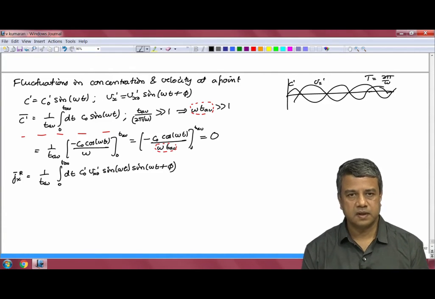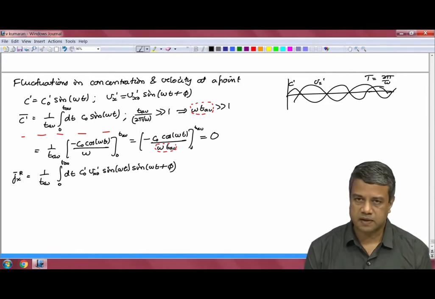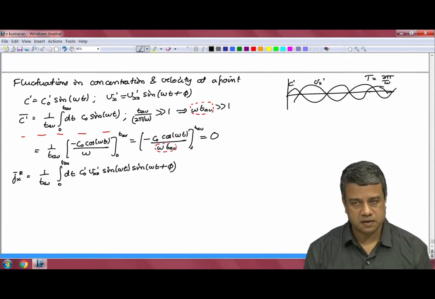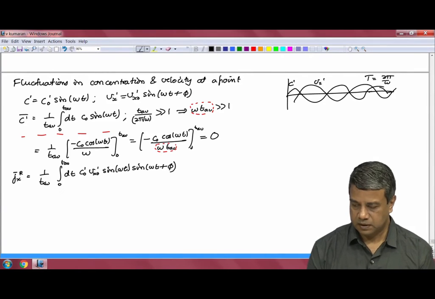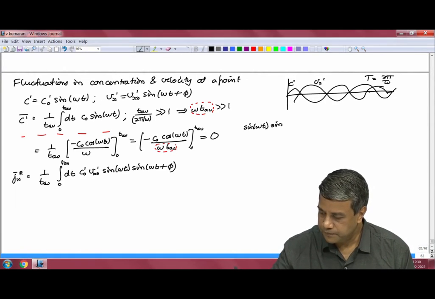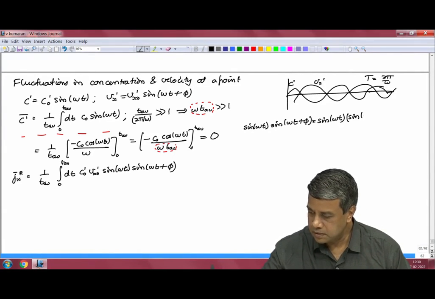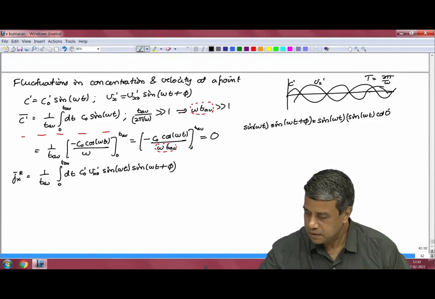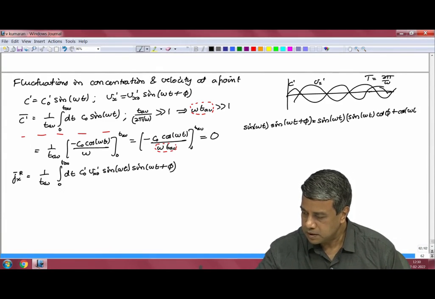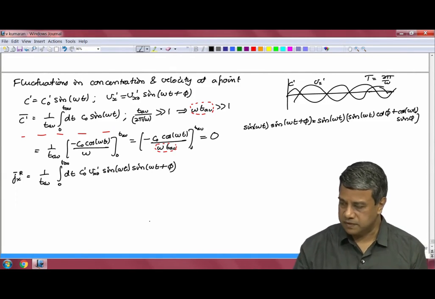So, it is a product of the concentration fluctuations and the velocity fluctuations, with the velocity fluctuations shifted by a phase angle phi with respect to the concentration fluctuations. Now, I can simplify this using the expansion formula for sine functions: sine omega t cos phi plus cos omega t sine phi.